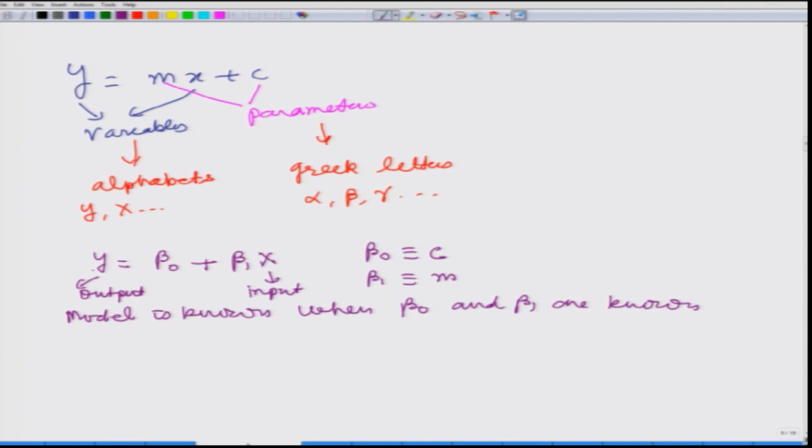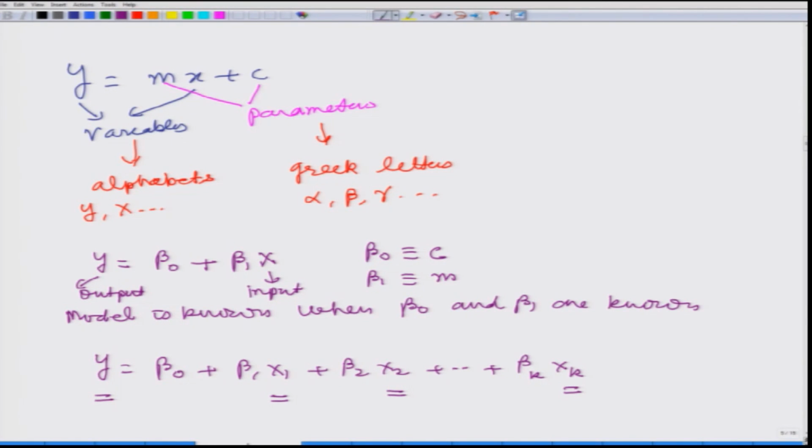So it is very natural to extend this simple equation to a more general situation. Why? Because in practice usually there are more than one independent variables which affect the outcome. So I can extend this equation as y is equal to beta 0 plus beta 1 x1 plus beta 2 x2 and so on up to beta k xk, and we assume here that there are not one but k input variables, x1, x2, up to xk, which are affecting the output variable y.